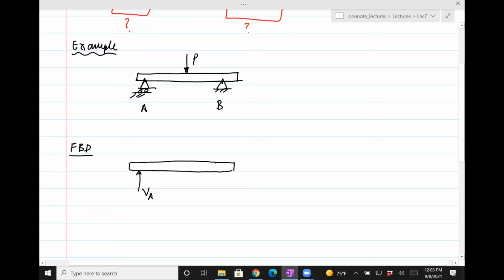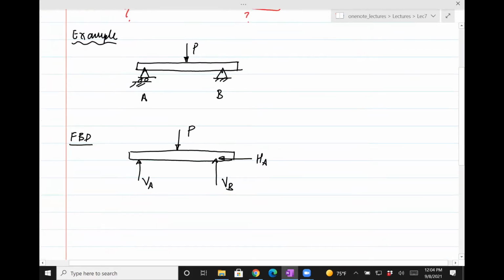At B, there is a pin joint, so that will induce a vertical force as well as a horizontal force. And then, of course, P is an external load. Which should that be HB? Yes. Good catch. Okay, so far so good.